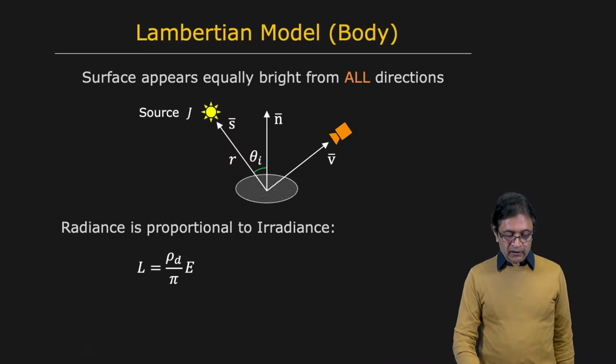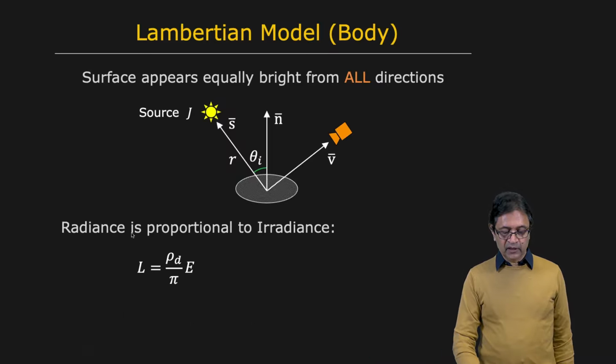So let's take a look at the relationship between surface radiance and irradiance in this case. We know the BRDF is L divided by E. So L is equal to rho_d divided by pi times E for a Lambertian surface.